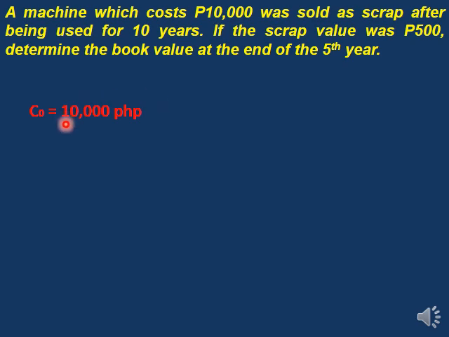Okay, the original cost of this machine is 10,000. The life is 10 years. The cost of the plastics and metals, or the salvage value or the scrap value, is 500.